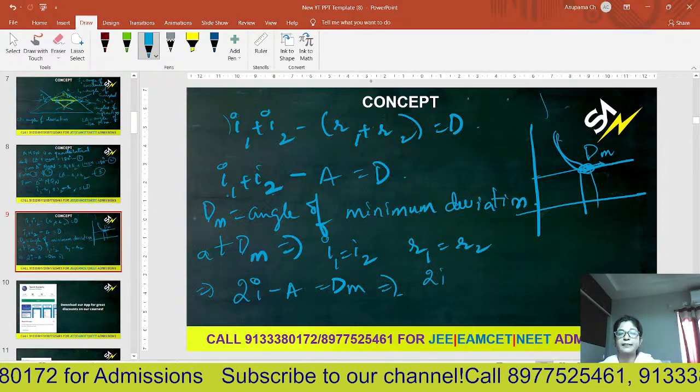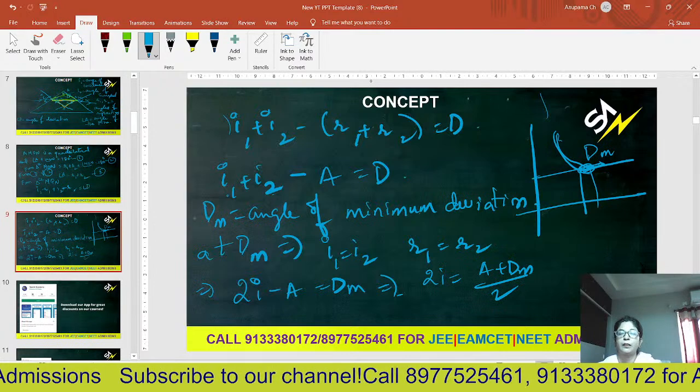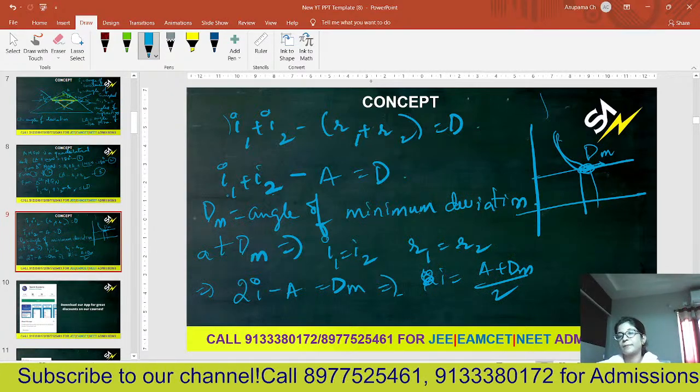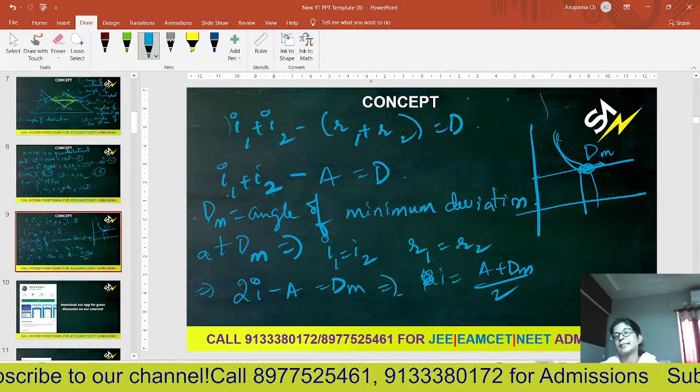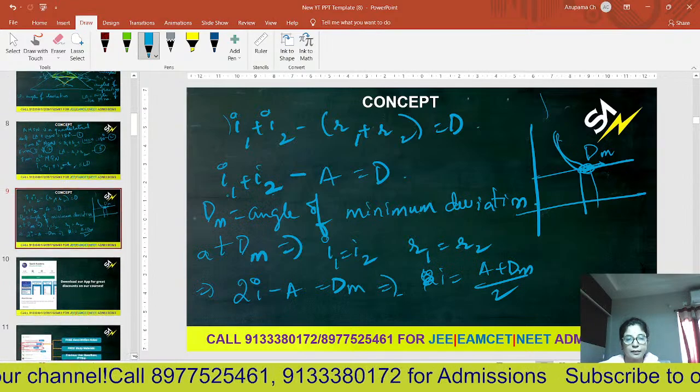So 2I is equal to A plus DM, and I is equal to (A plus DM) by 2. This is the angle of incidence. Okay.